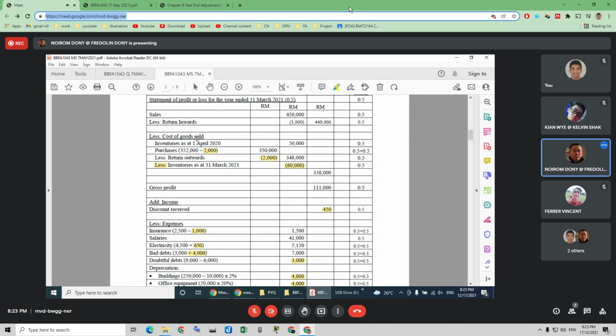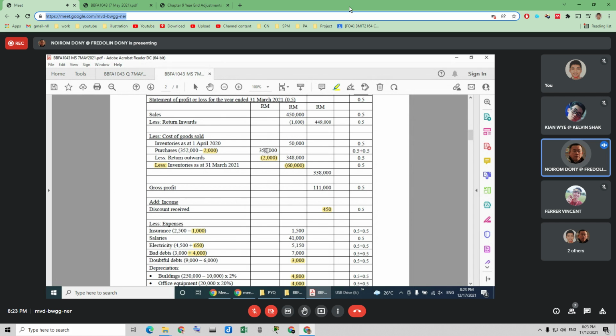Then cost of goods sold. Okay, remember we have purchases, but then we have adjustment on the purchases. So therefore we have to use the first column. So do the adjustment first. Purchases, so you need to minus the drawings.